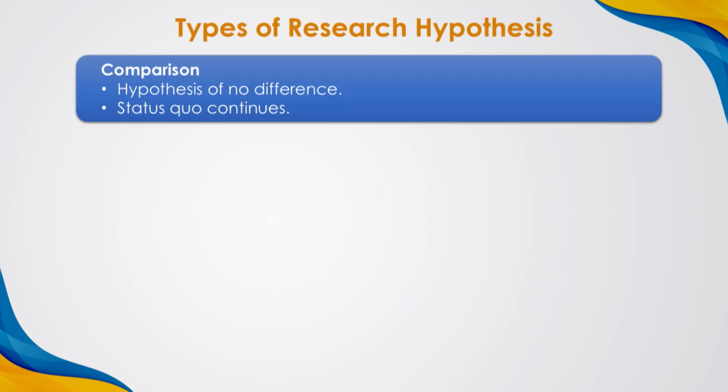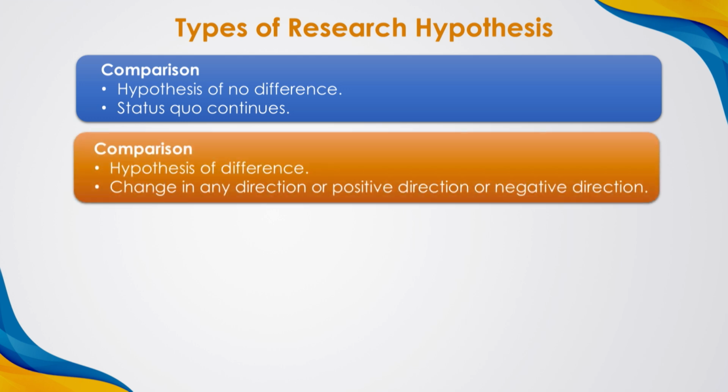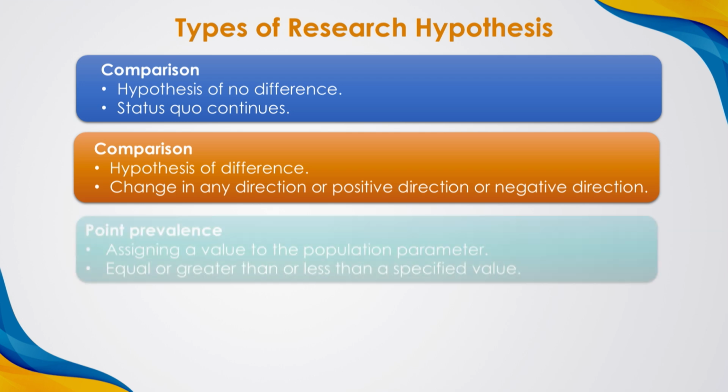Types of research hypothesis. One type is called comparison. In comparison, we form the hypothesis as hypothesis of no difference, or status quo continues. In another type of comparison hypothesis, we write our hypothesis as hypothesis of difference, or change in any direction, or positive direction or negative direction.